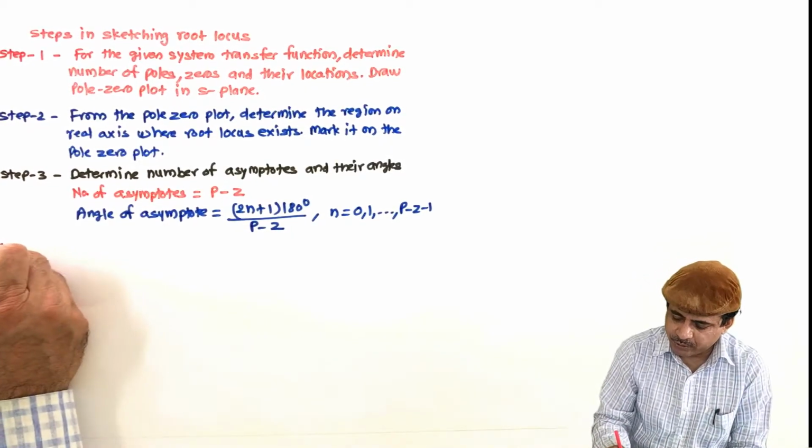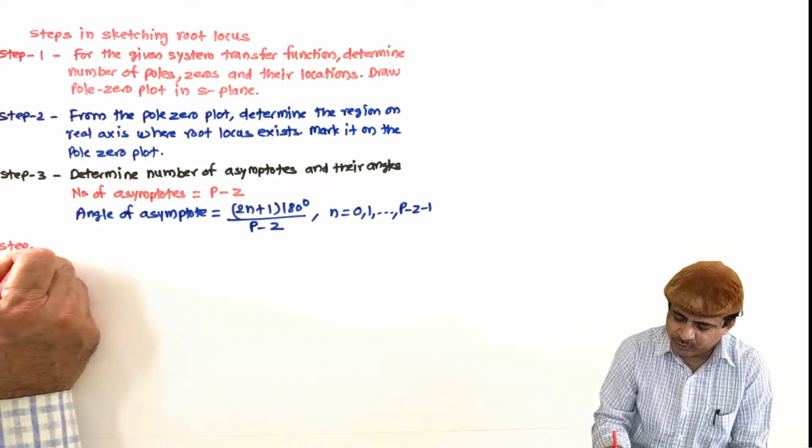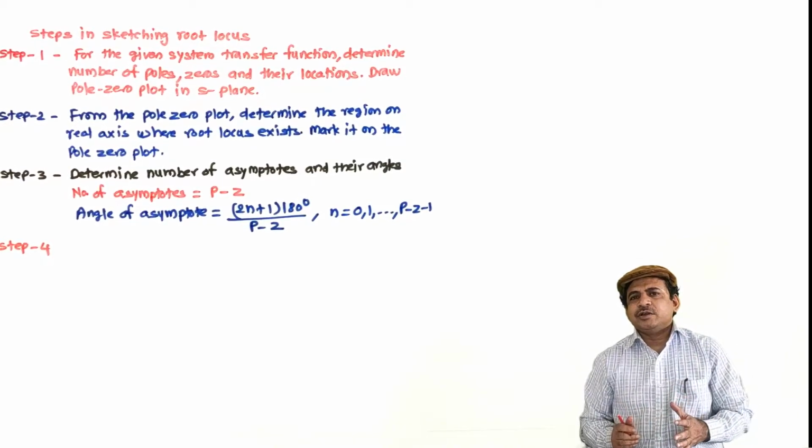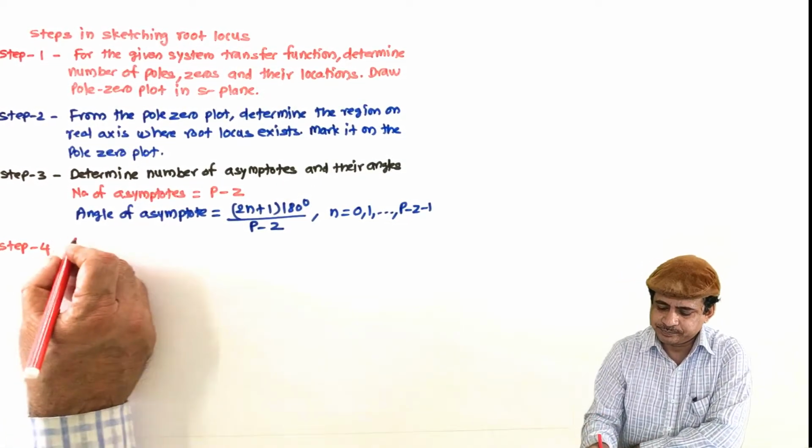Then in step 4, once the angles of asymptotes are obtained, we have to find the centroid.